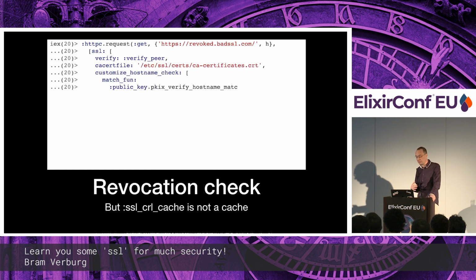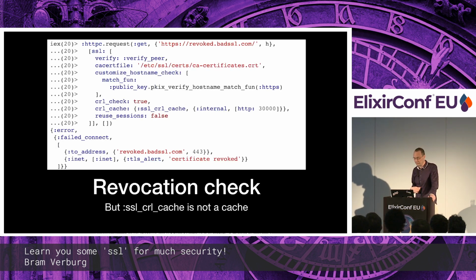Okay, there's one more thing about clients before I briefly talk about servers. Revocation check. Certificates can be revoked, and now some people would argue that certificate revocation is kind of broken for internet-scale PKI, but it's better than nothing. Unfortunately, Erlang OTP only supports CRL, which is the old-fashioned way of doing things.